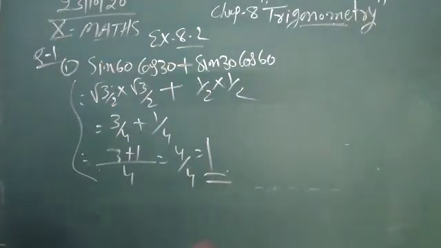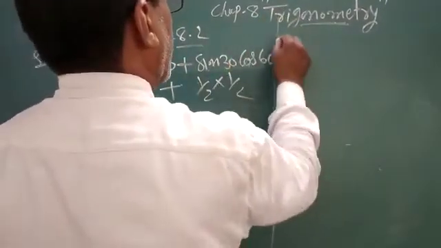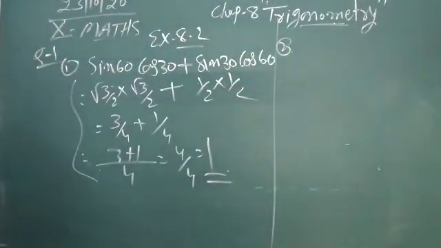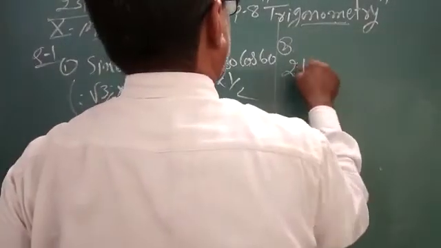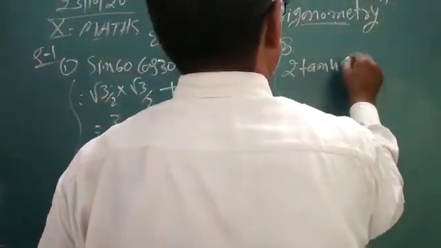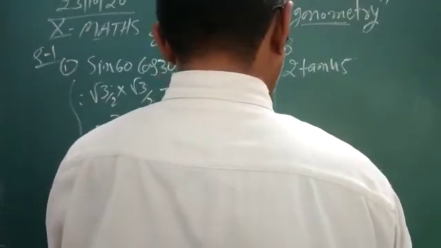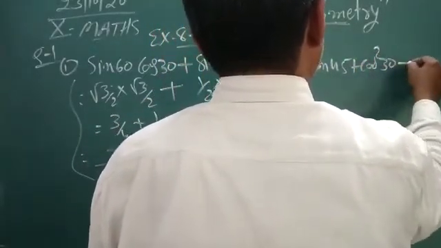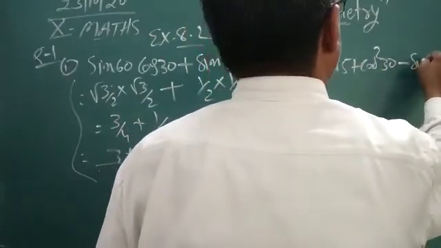Now I will give the second one, question number 2: 2 tan 45 plus cos square 30 minus sin square 60.